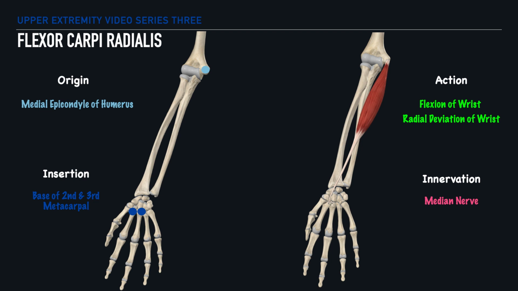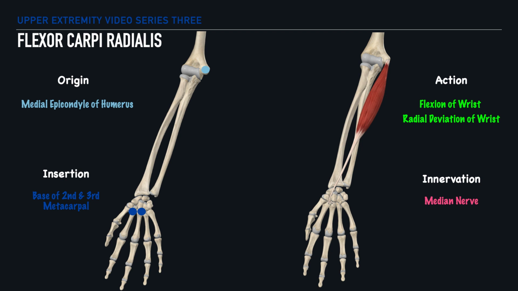Now, one of the things we can use to help us remember the actions associated with this muscle is its name. For example, we know it will perform flexion based on the beginning of its name, which starts with flexor. And the middle portion of the name gives us an indication that movement is going to be happening at the carpals and or the wrist.